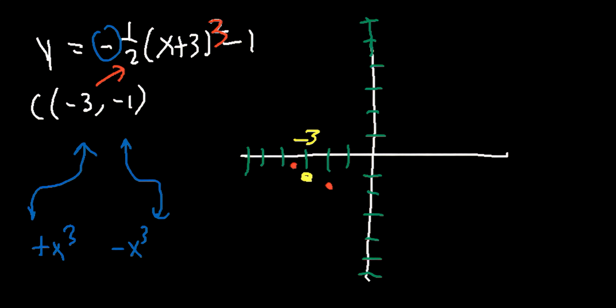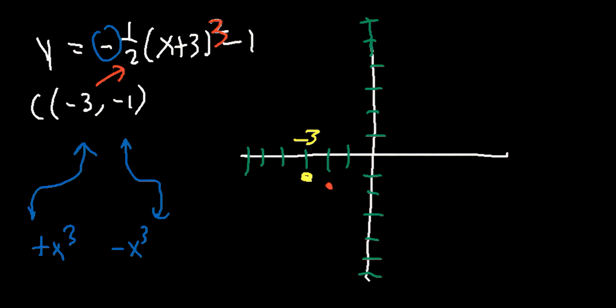Now 2 to the third is 8, but times a half is 4. So as we move 2 to the right, it's going to go down 4. So from -1 to -5. And as we move 2 to the left, this point should actually be here.